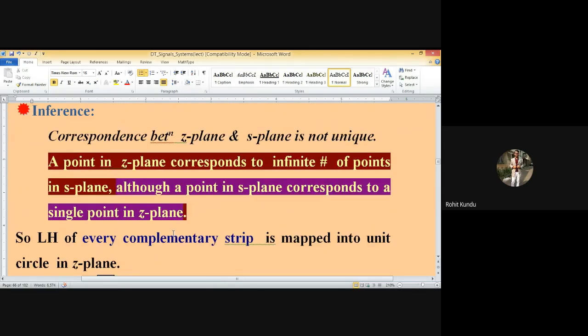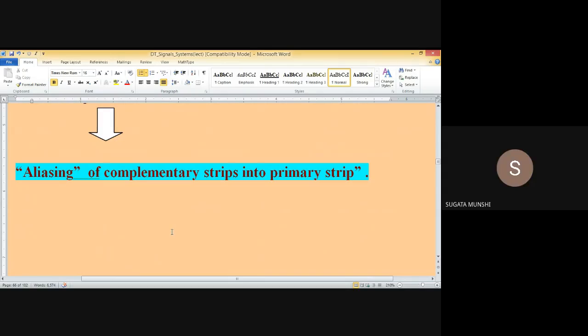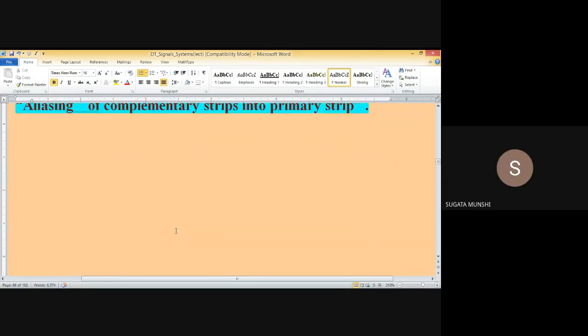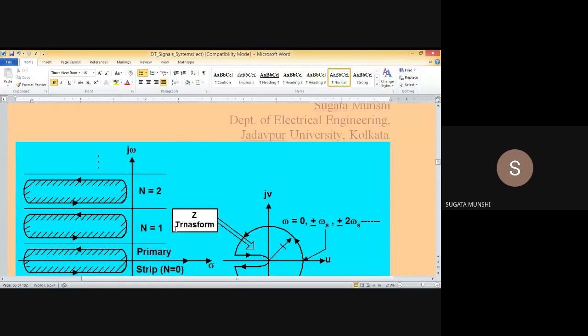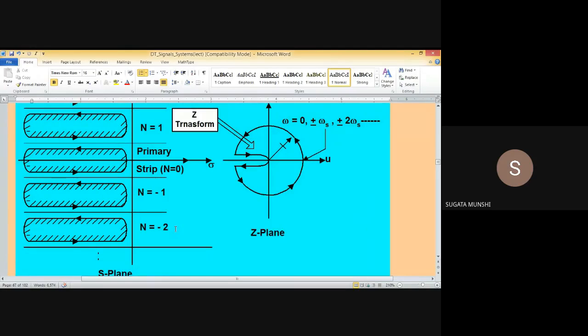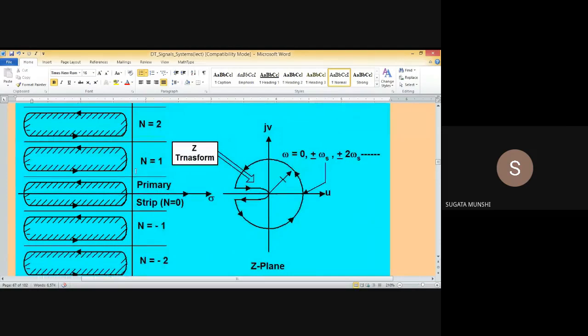Aliasing of complementary strips into the primary strip, and that's how I have just illustrated it. All these left halves of all these strips map into the interior of this unit circle centered at the origin in the Z plane, and the primary strip also maps into this interior.